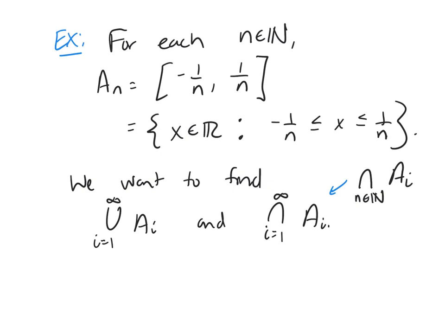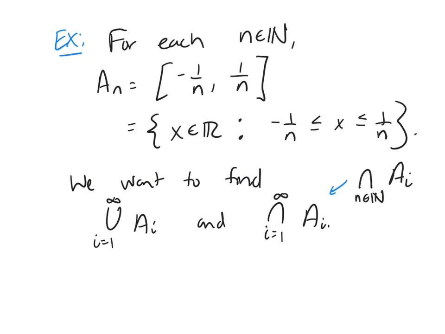But if we're taking the intersection over the natural numbers, we can write it in these forms right here, where you have 1 to infinity. And so here I have an infinite number of intervals that I want to take the union and the intersection of. When you're doing intervals, it's nice to be able to visualize them. So let's visualize some of these.